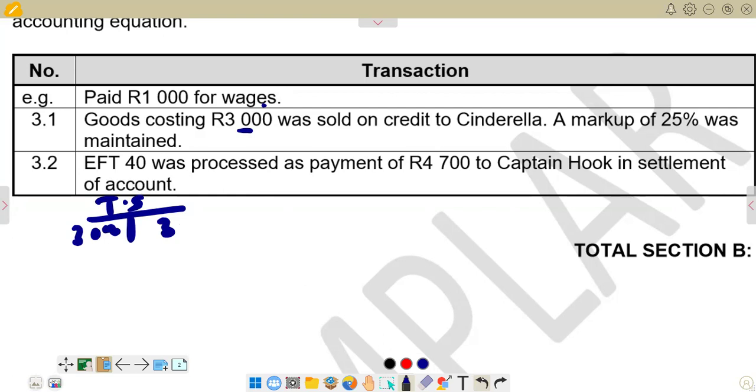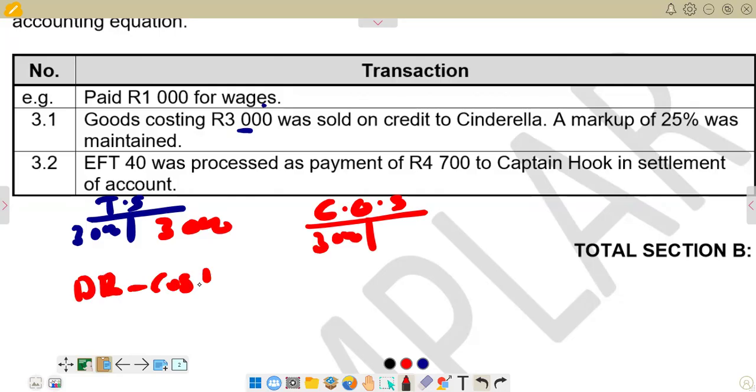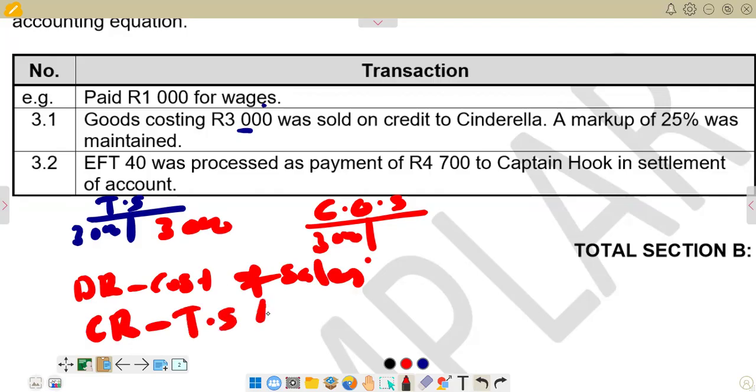So basically what we are saying in the double entry now is we are crediting to remove them in the books, and then we are supposed to debit them in the cost of sales account, and we debit them as 3,000. So basically, this is the double entry that we have, whereby we debit cost of sales, and then we credit our trading stock account.